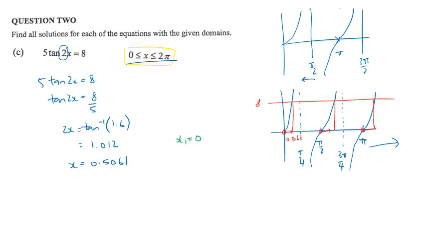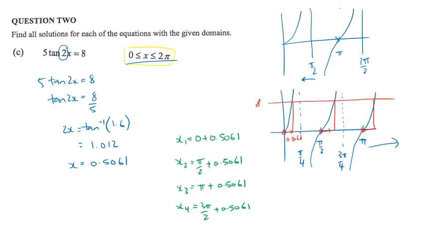So really my answers: x1 will be 0 plus 0.5061, x2 will be pi over 2 plus 0.5061, x3 will be pi plus 0.5061, x4 will be 3 pi over 2 plus 0.5061.